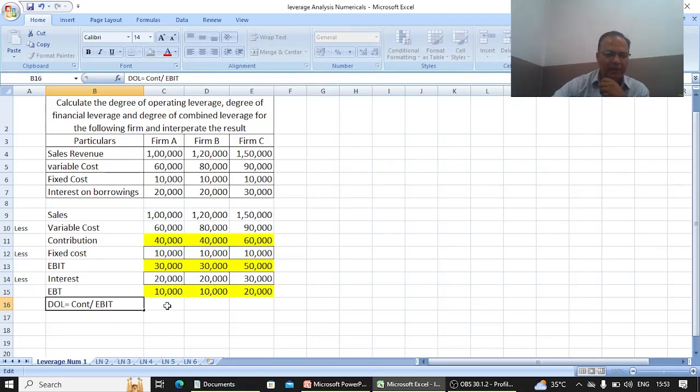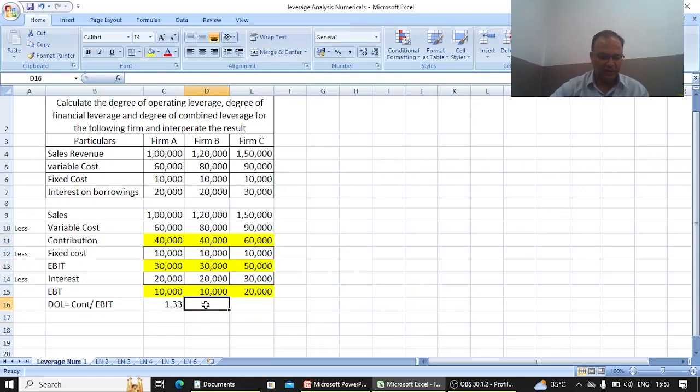Contribution by EBIT. It means 40,000 divided by 30,000 will be 1.33. Again 40,000 divided by 30,000 will be 1.33. Again 60,000 divided by 50,000 will be 1.22.